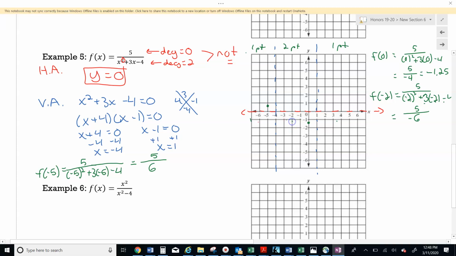So it's negative and just a little bit before 1. Okay. And then let's do the point f of 2. 2 squared plus 3 times 2 minus 4. 2 squared is 4 plus 6 minus 4, and so that would give us 6.